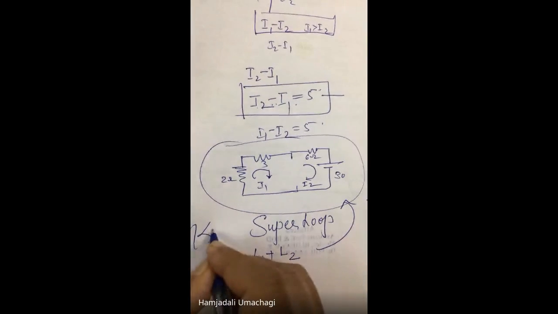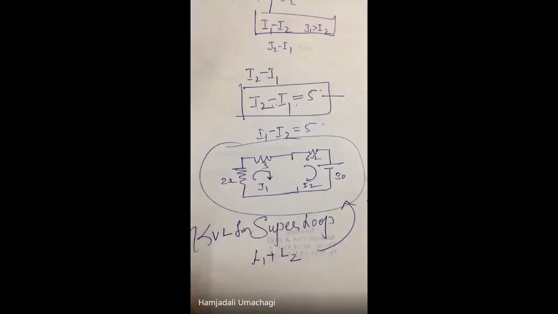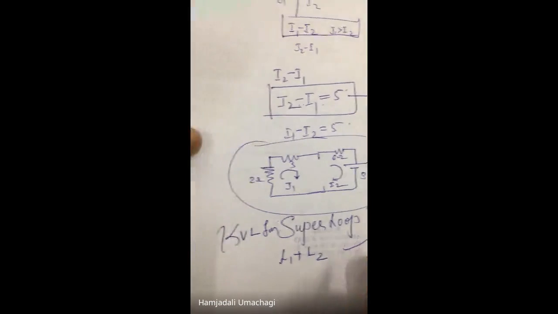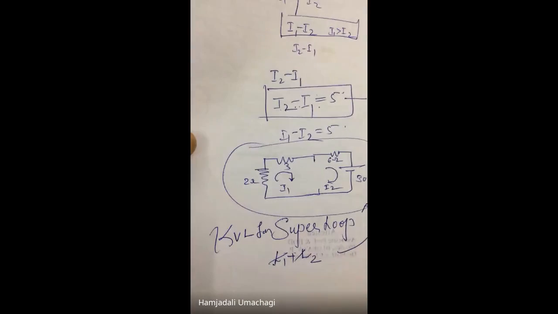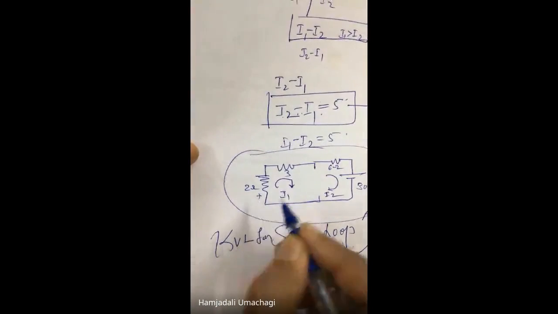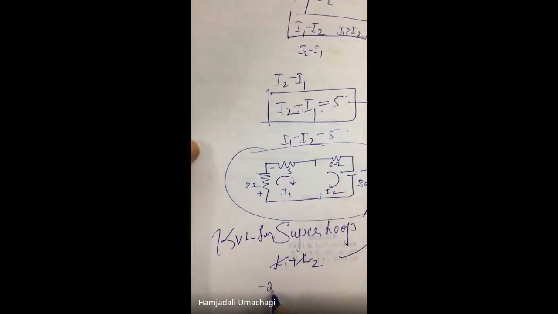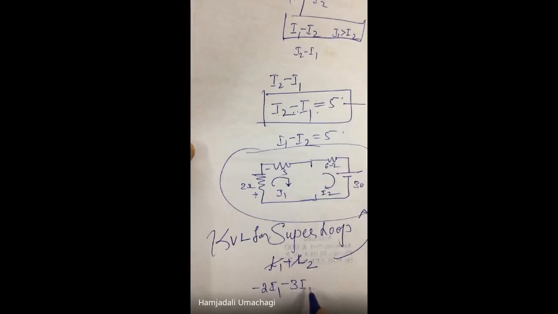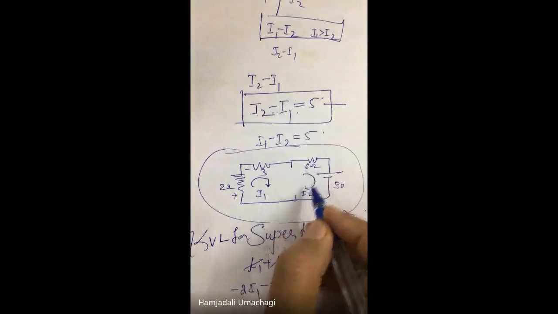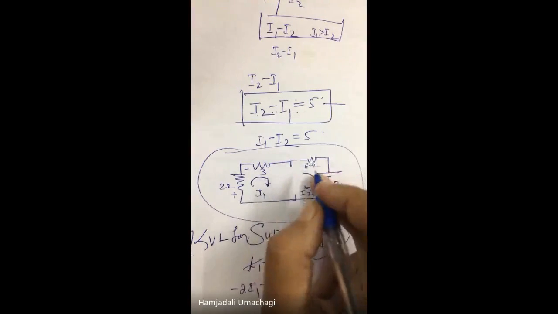KVL for the super loop. That is again the same: minus 2 I1 minus 3 I1. I am moving this side. What current is flowing in the 6 ohm?